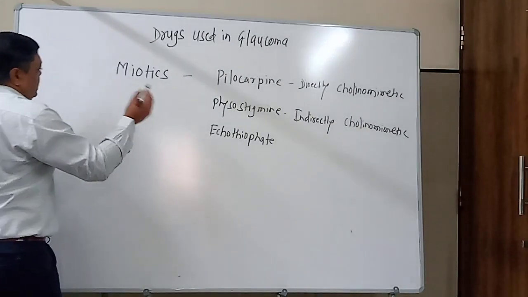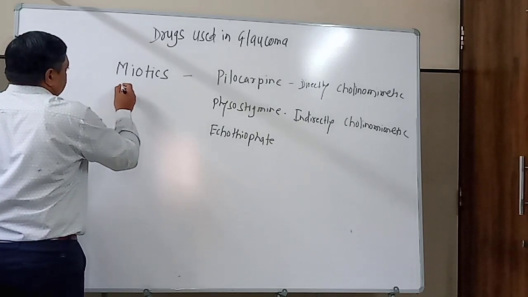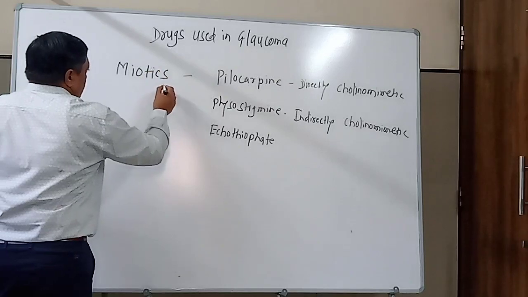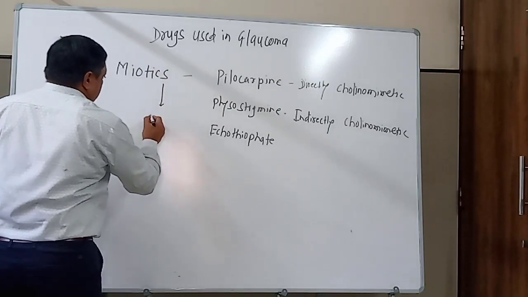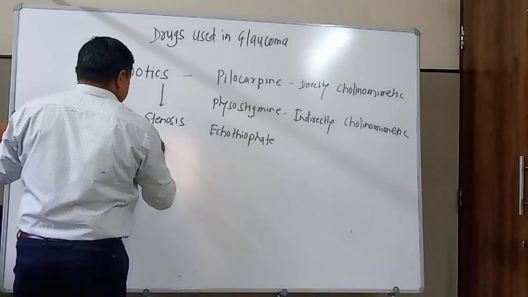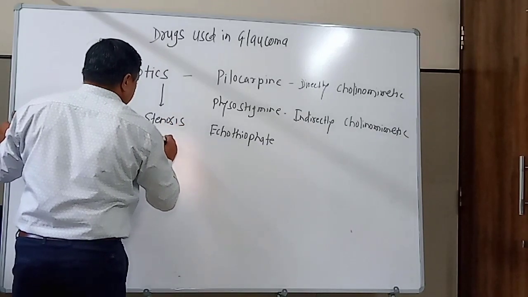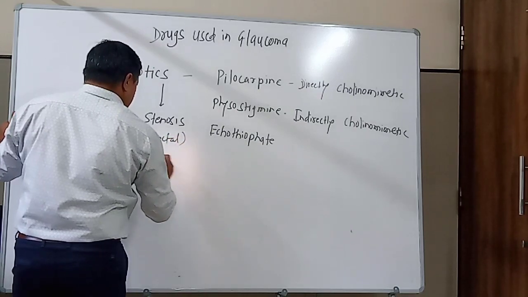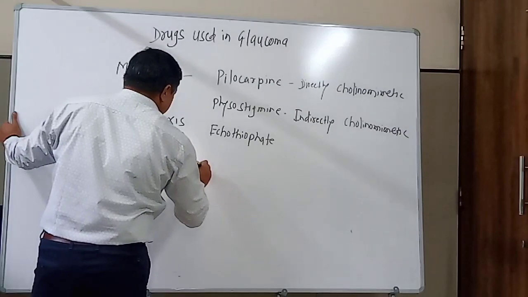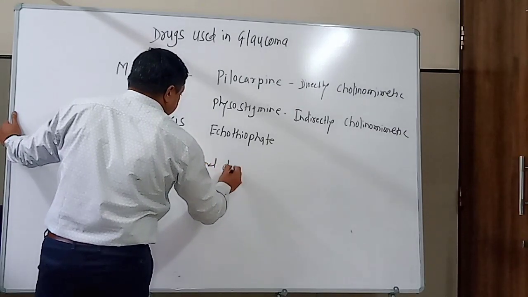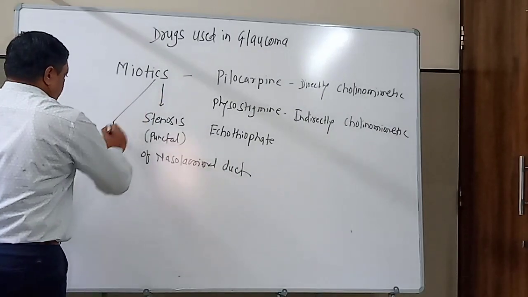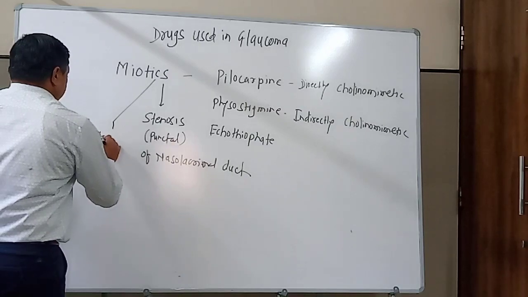Let's touch on the adverse drug reactions. This S is for stenosis, punctal stenosis of the nasolacrimal duct. This C stands for cataract formation.